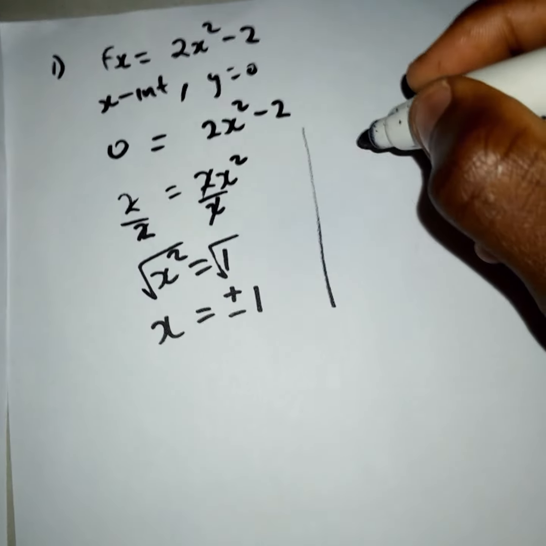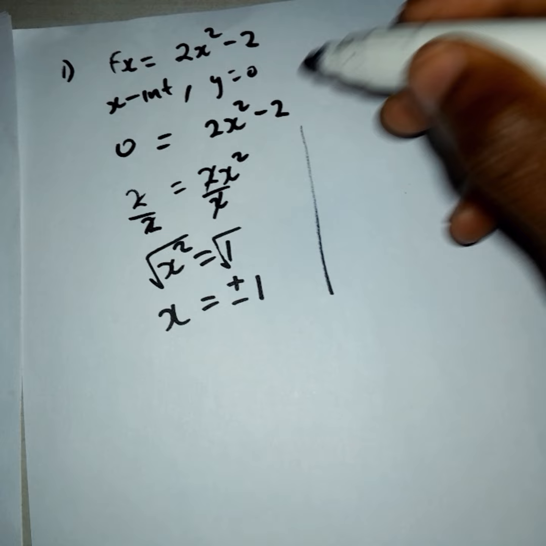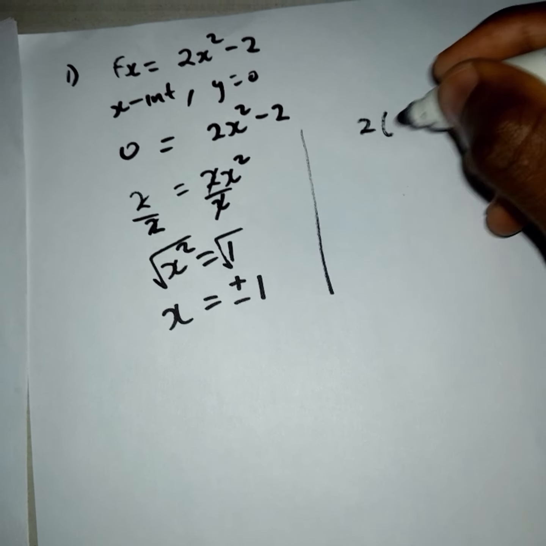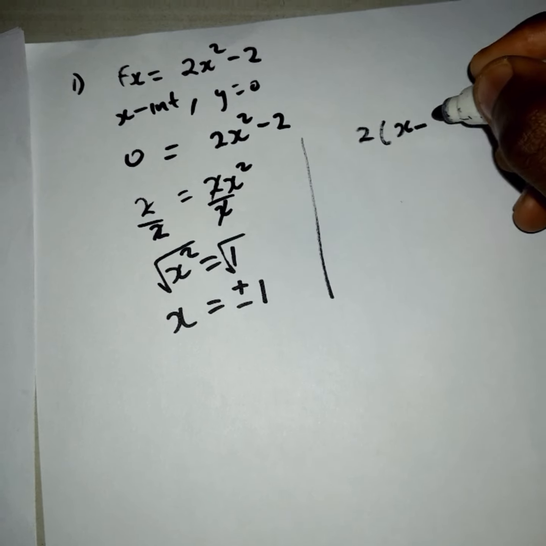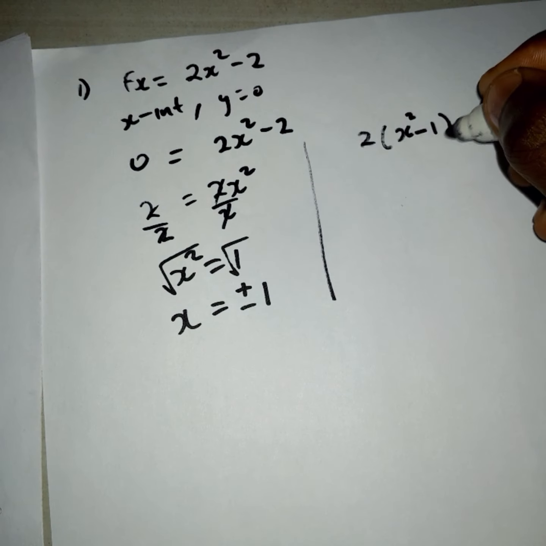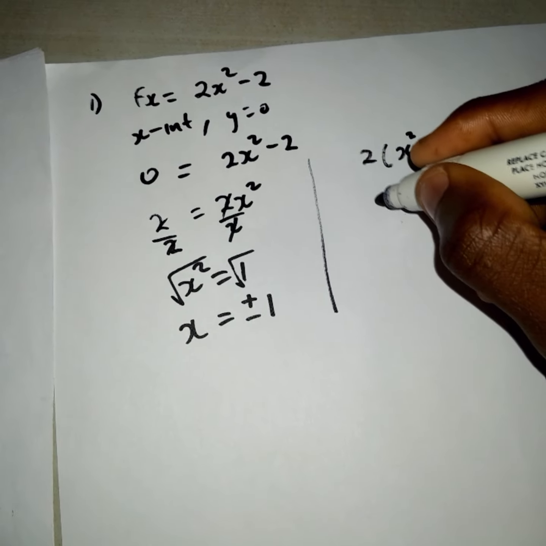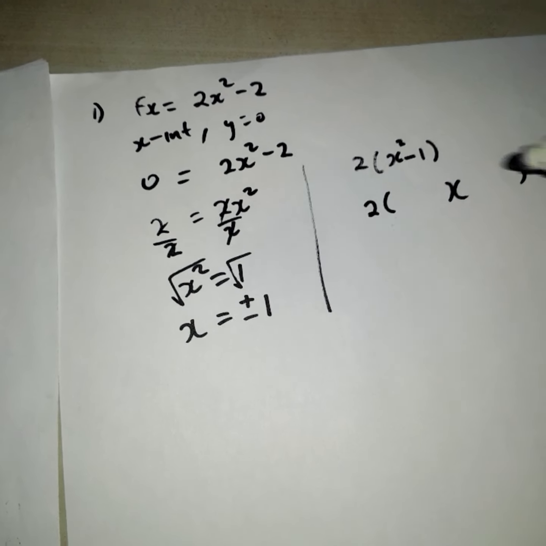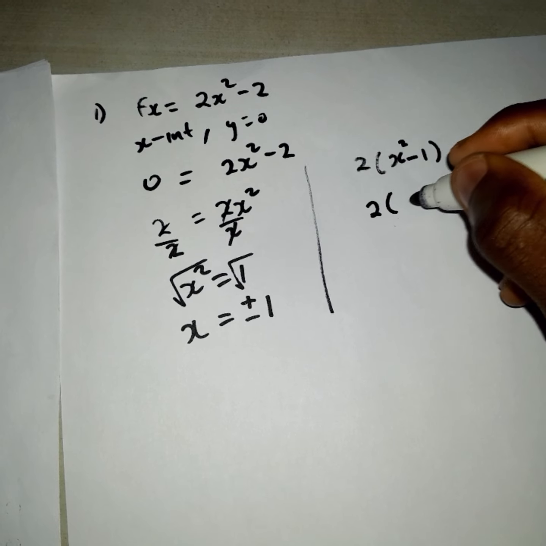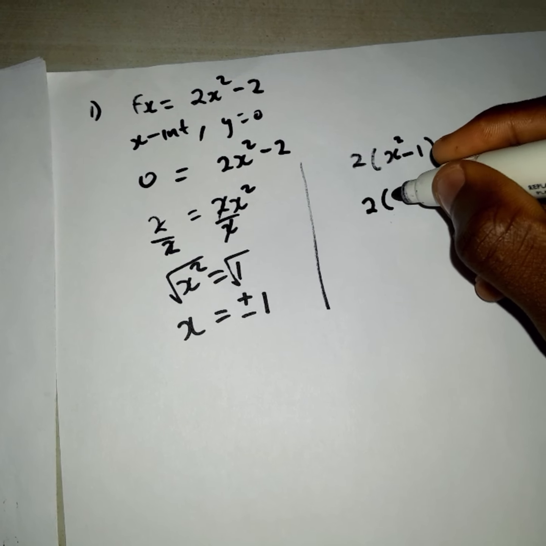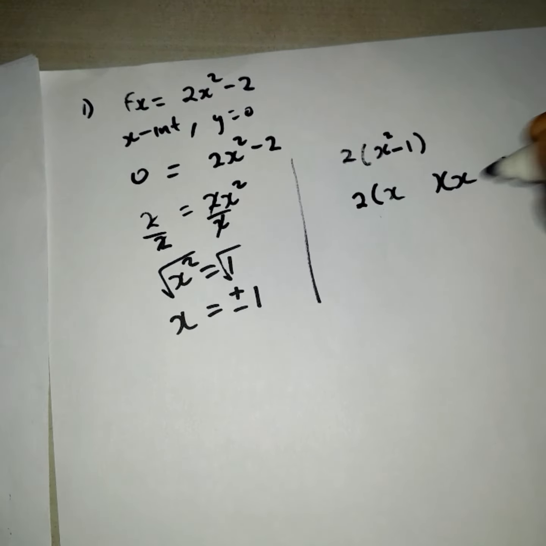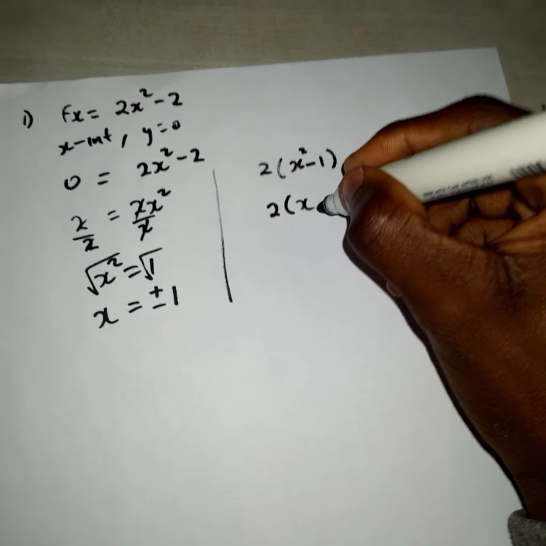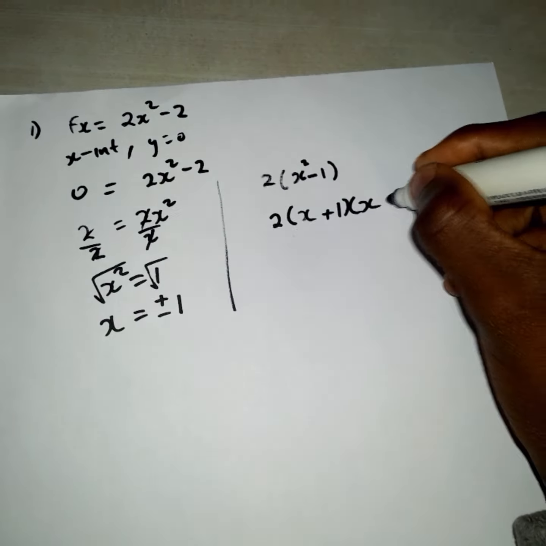It's going to be 2x squared minus 2. We know 2 is a common factor here. When we take out 2, we are left with x squared minus 1, sorry, then 2 times x and x, and for 1, we know that this is a difference of squares, plus or minus 1.